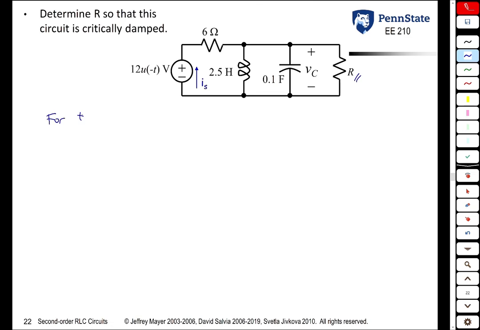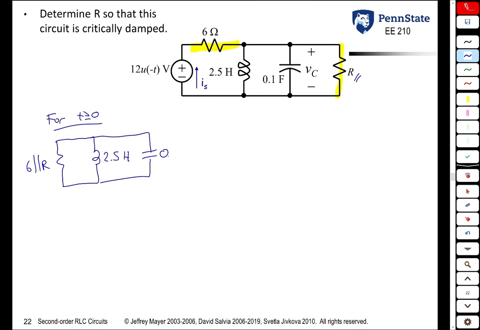So if you think about it, for t greater than or equal to 0, we're going to have a single resistor, which is going to be the 6 ohm resistor in parallel with R. So we have 6 in parallel with R. That in turn is going to be in parallel with our 2.5 Henry inductor and our 0.1 farad capacitor.